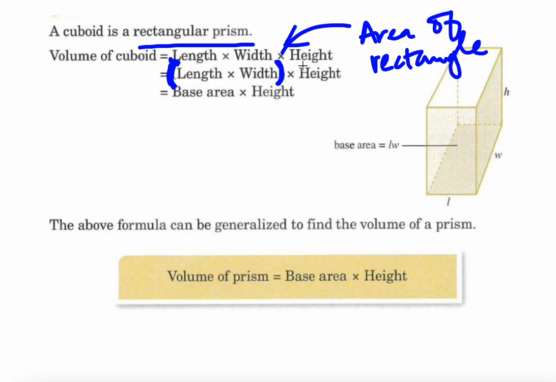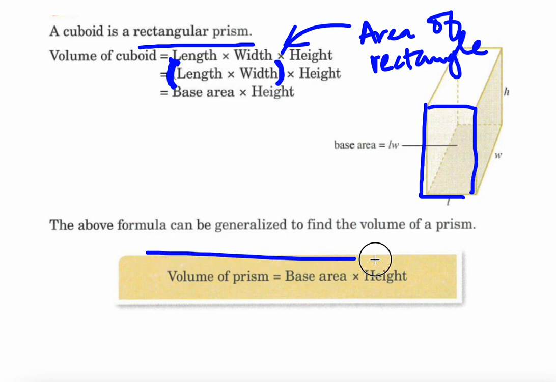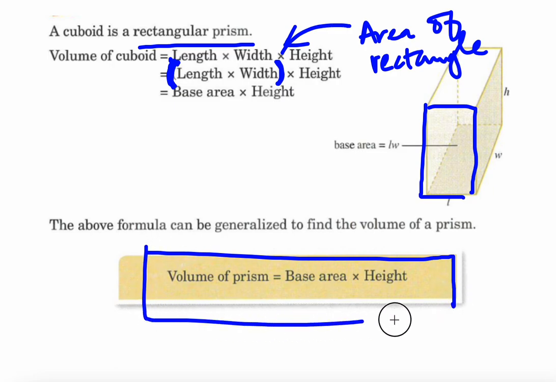And you can use that formula to translate to any prism's volume. You're taking the area of whatever that base shape is. It's a rectangle here. Find the area of that shape and then just multiply by the height of the entire prism. So that's how we got the volume of any prism to be the base area times the height.